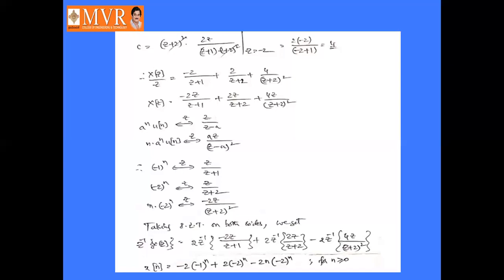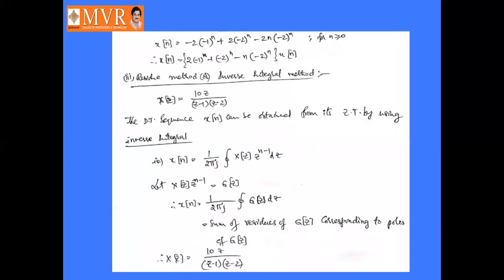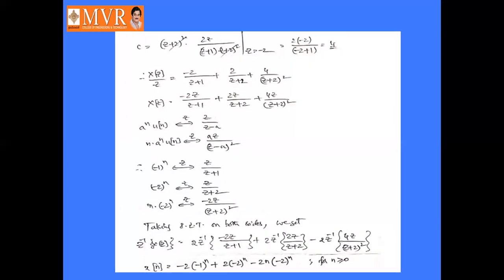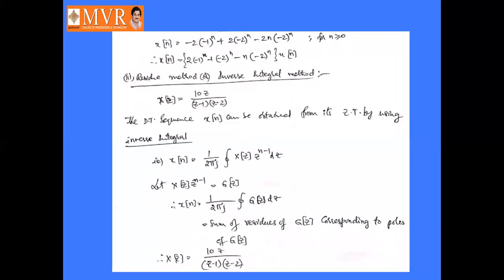So that it will become minus 2 into (minus 1) whole power n plus 2 into (minus 2) whole power n minus 2n into (minus 2) whole power n, for n greater than or equal to 0. So x of n is minus 2 into (minus 1) whole power n plus 2 into (minus 2) whole power n minus 2n into (minus 2) whole power n, into u of n.